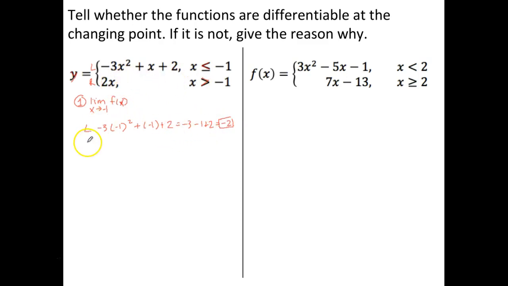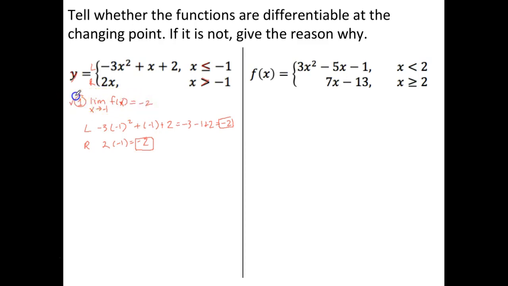Let's check the right-hand side. So 2 times, we plug in our x value, -1, will give us -2. So from the right-hand side, we are approaching -2. So from the left and the right, we're approaching the same value. So we do have a limit, and the limit is -2.